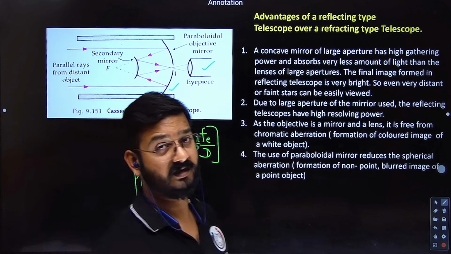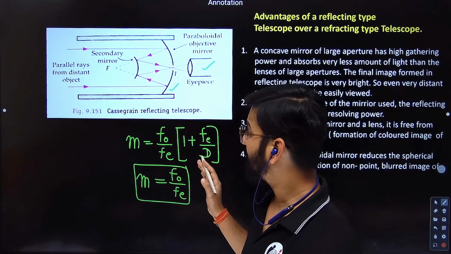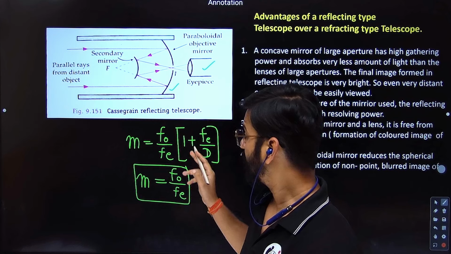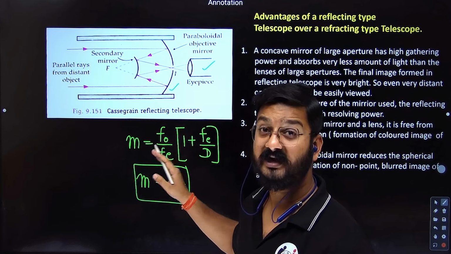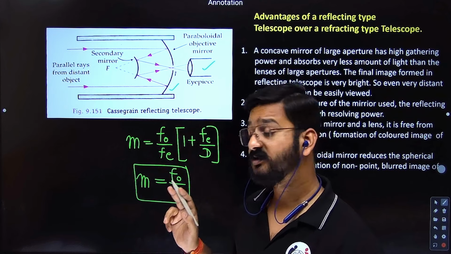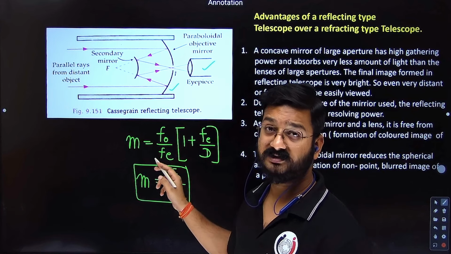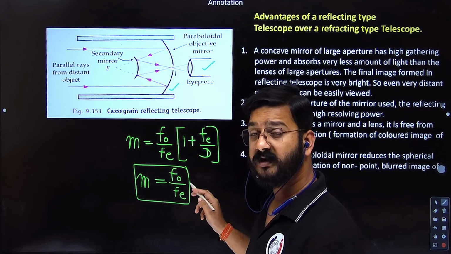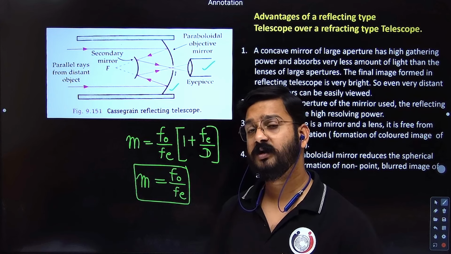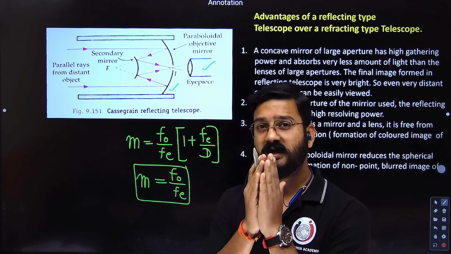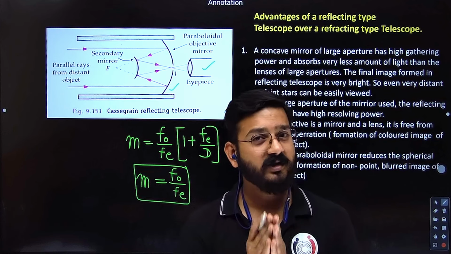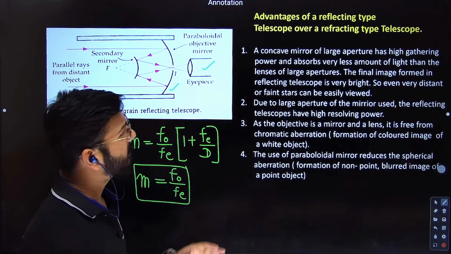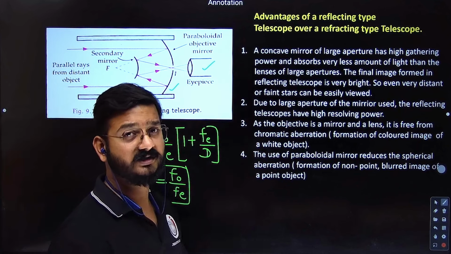It is very easy to remember because the nature of the expression is exactly same as of refracting telescope. Only thing what is missing here is sign, negative sign. In the refracting telescope, if you remember, there was a negative sign extra here when the image is formed at D. There was an extra negative sign here when the image was formed at infinity. So it is very easy to recall the formula if you remember the expression for the astronomical telescope, which is basically your refracting telescope.